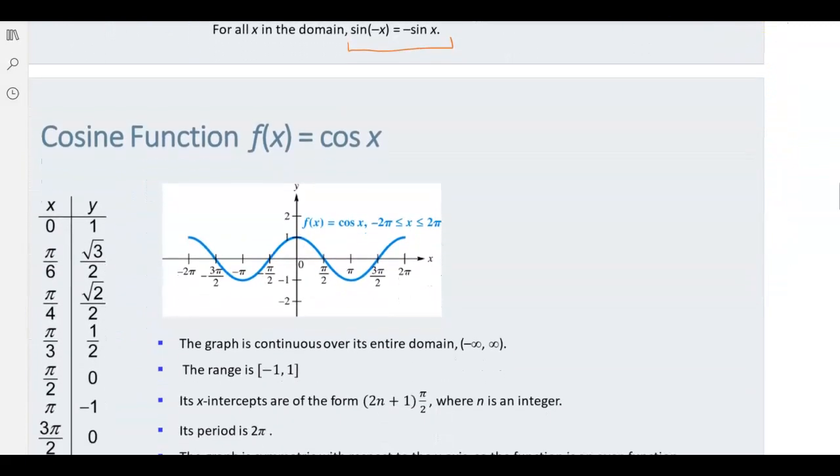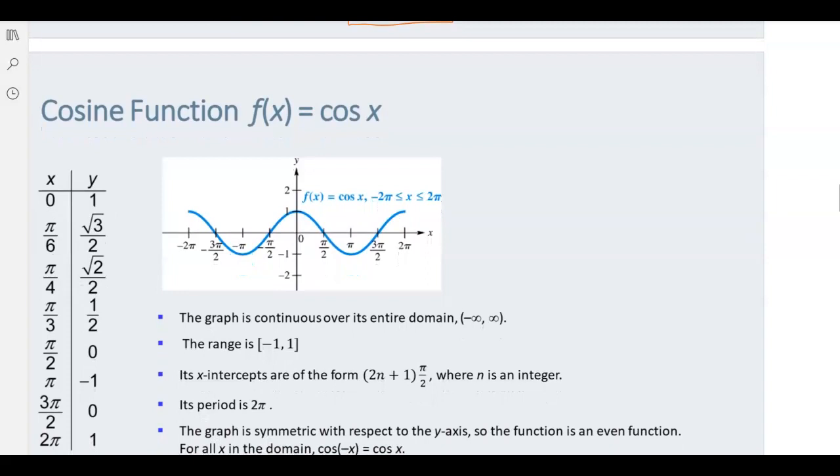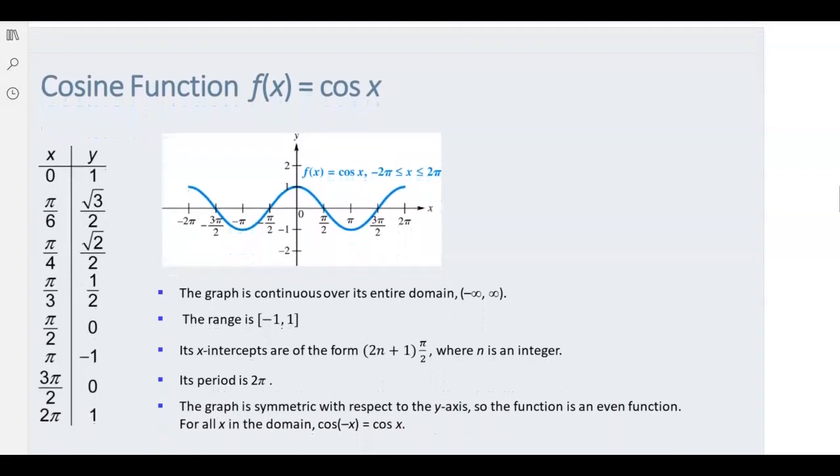Cosine is similar, except it starts at a different point, because with cosine we're starting at a maximum value. So for cosine, we're starting at a maximum value here. We're going down to the center.